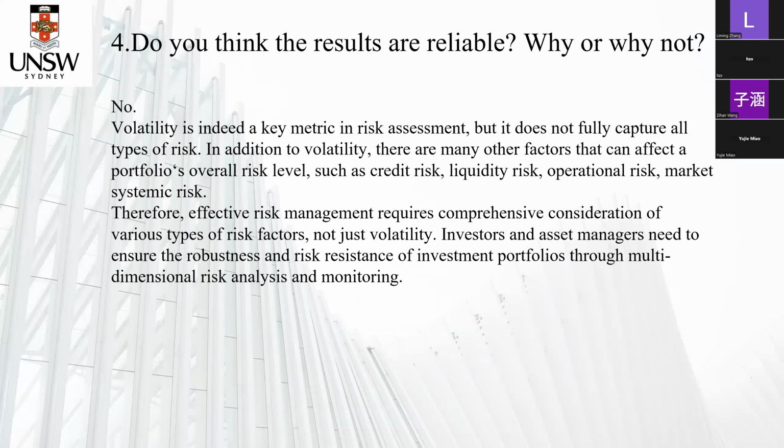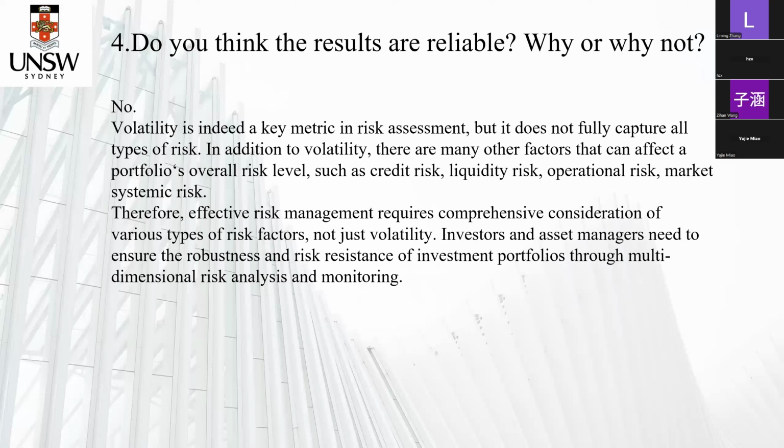So the fourth question is, do you think the results are reliable? Why or why not? The answer will be no. Volatility is indeed a key metric in risk assessment, but it does not fully capture all types of risk. In addition to volatility, there are many other factors that can affect a portfolio's overall risk level. For example, credit risk refers to the risk that the debtor or issuer cannot pay its debts on time or defaults on its debts.